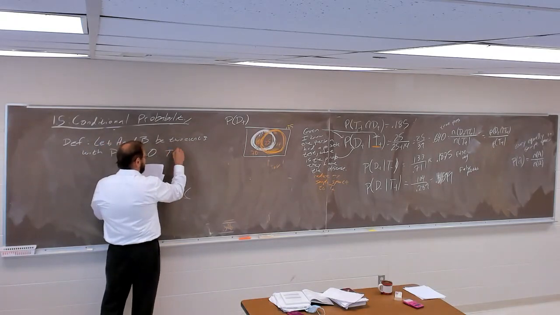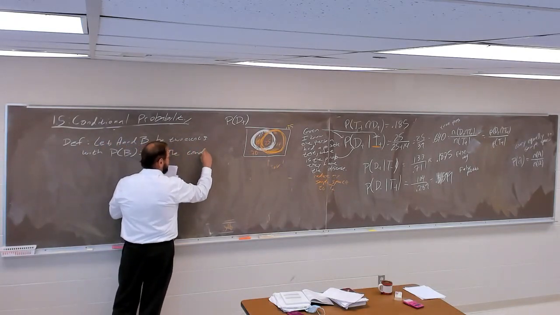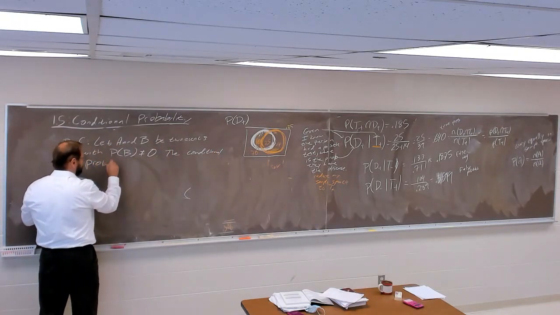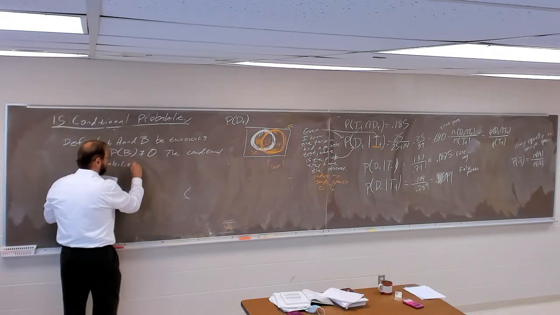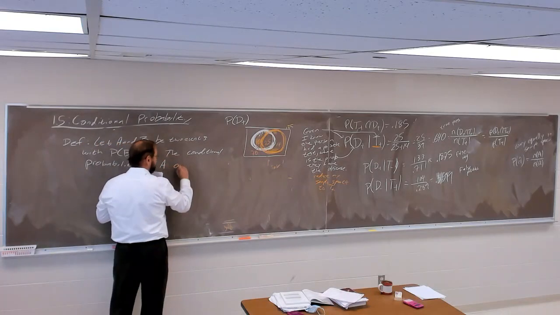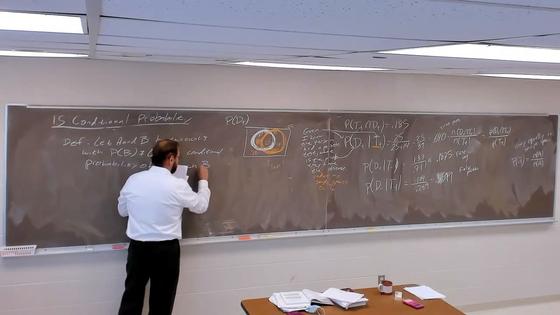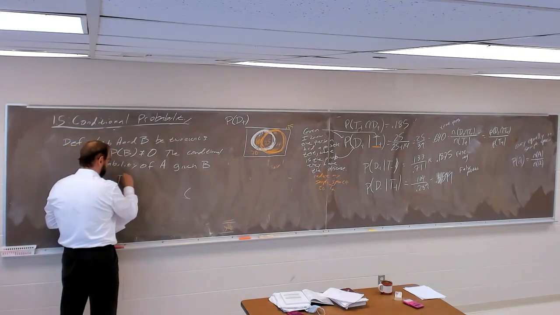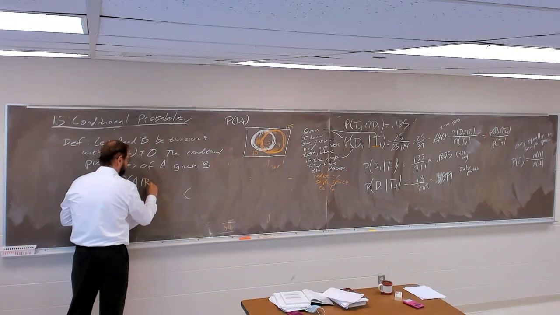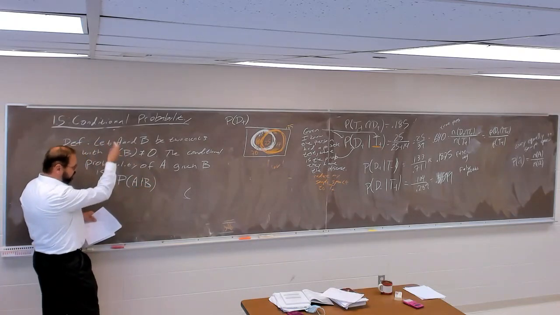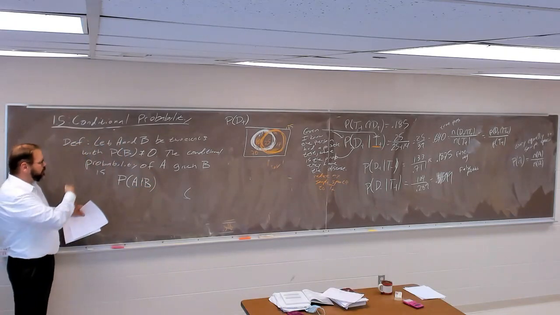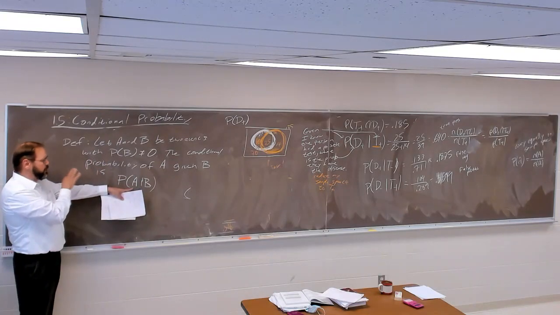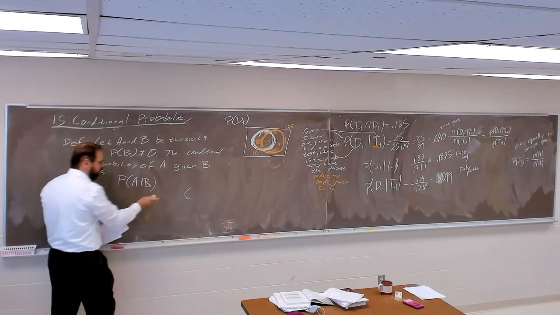Okay. The conditional probability of A given B is defined to be, so our given is always on the right-hand side of the vertical line we put in the middle. The thing we're trying to compute the probability of is on the left-hand side of it.